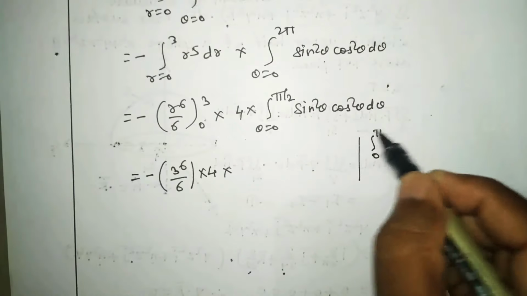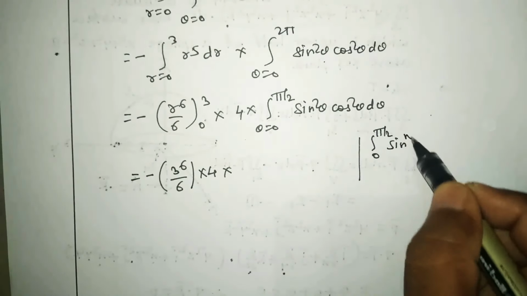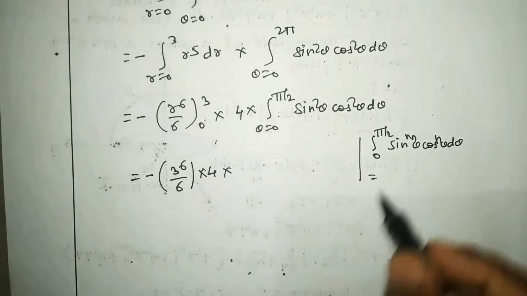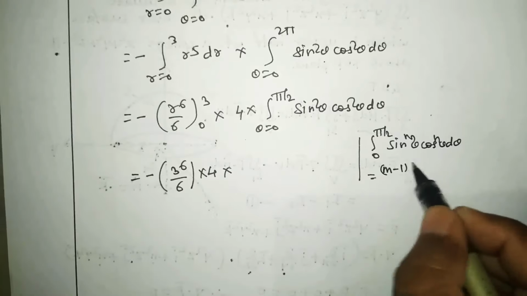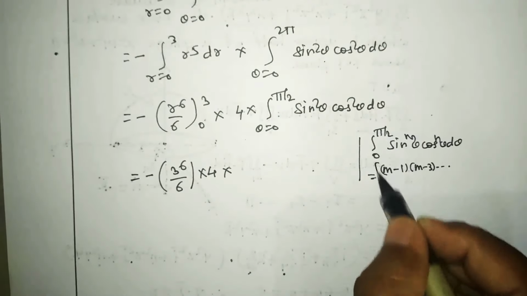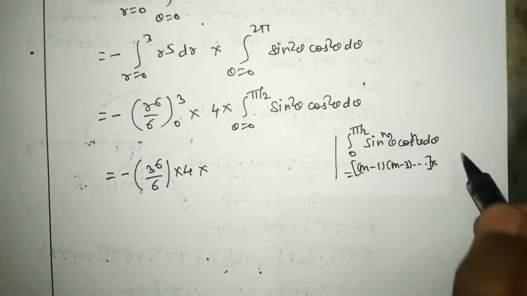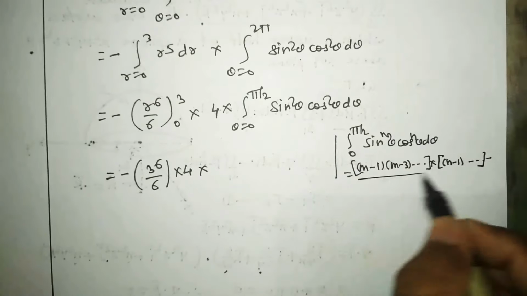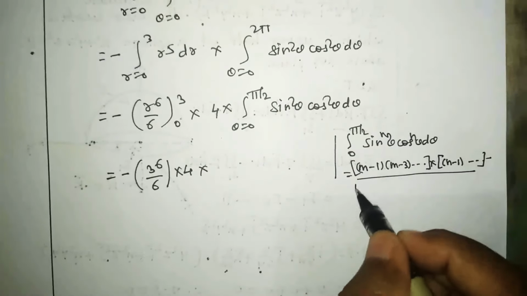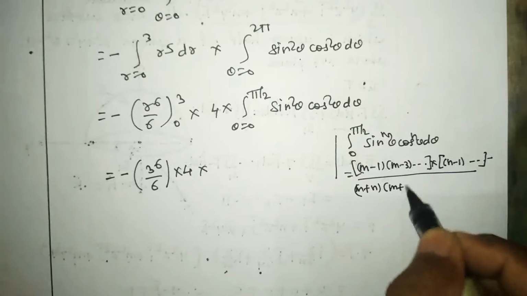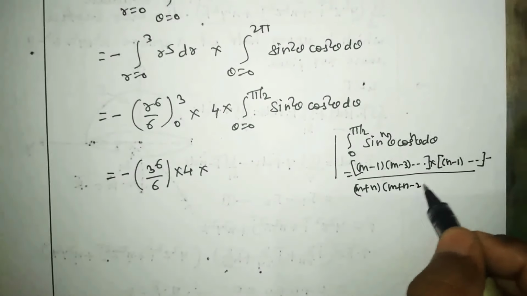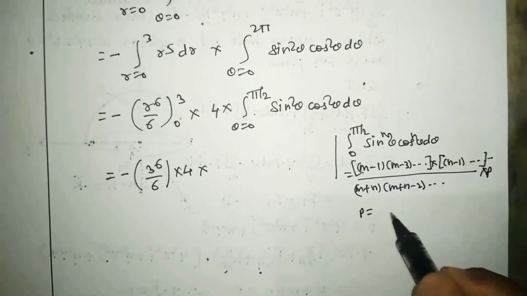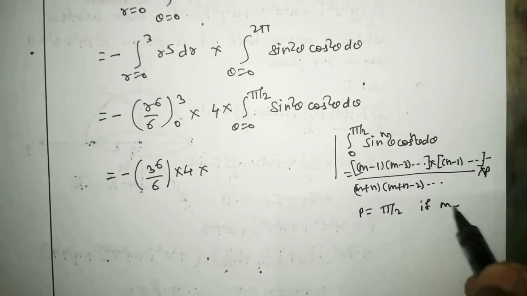The integration from 0 to pi by 2 of sin raised to m theta cos raised to n theta d theta equals (m minus 1)(m minus 3) dot dot dot, multiplied by (n minus 1)(n minus 3) dot dot dot, upon (m plus n)(m plus n minus 2) dot dot dot, multiplied by p, where p is pi by 2 if m and n are both even.